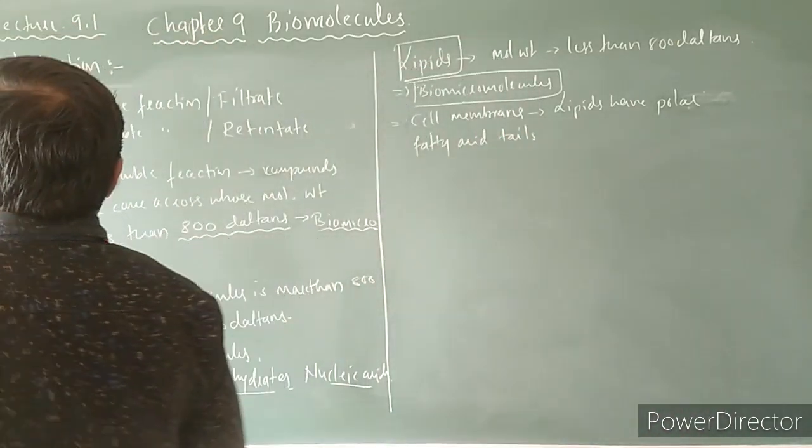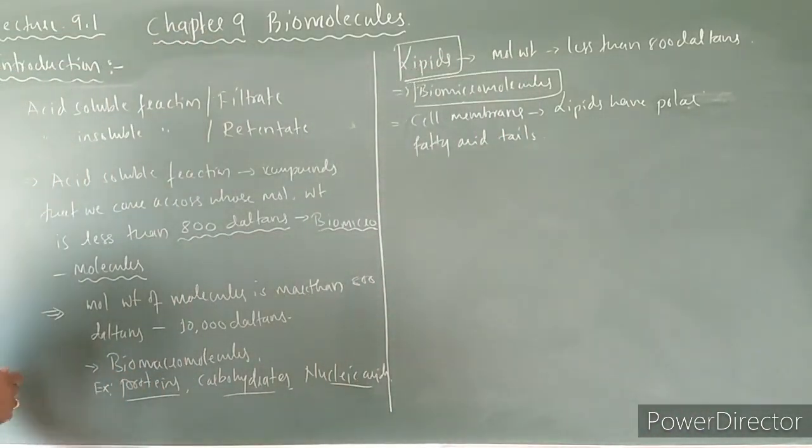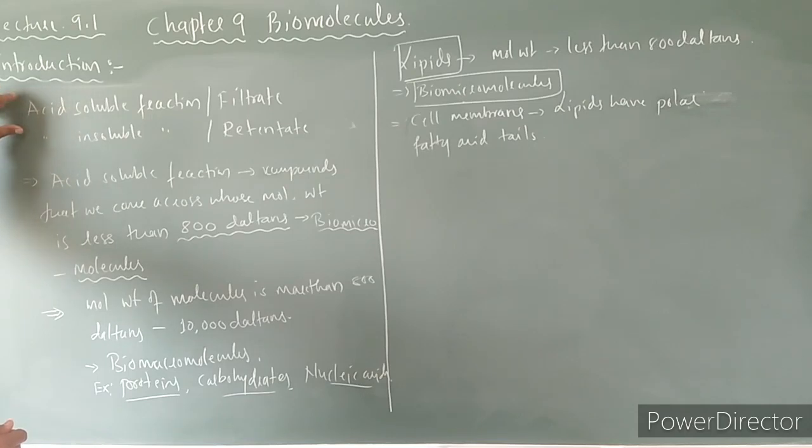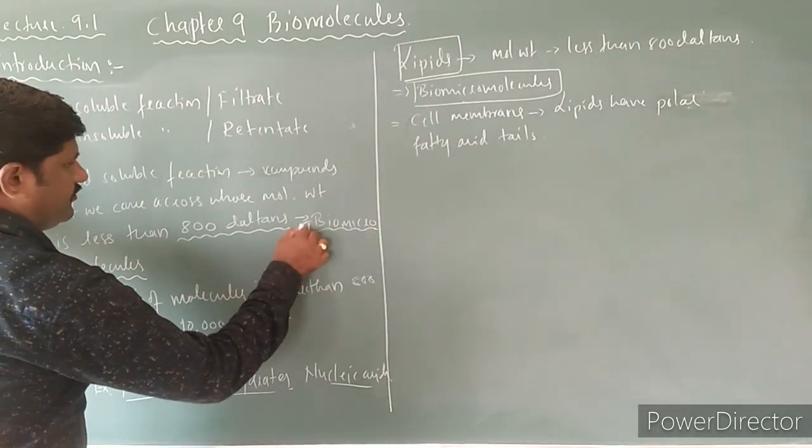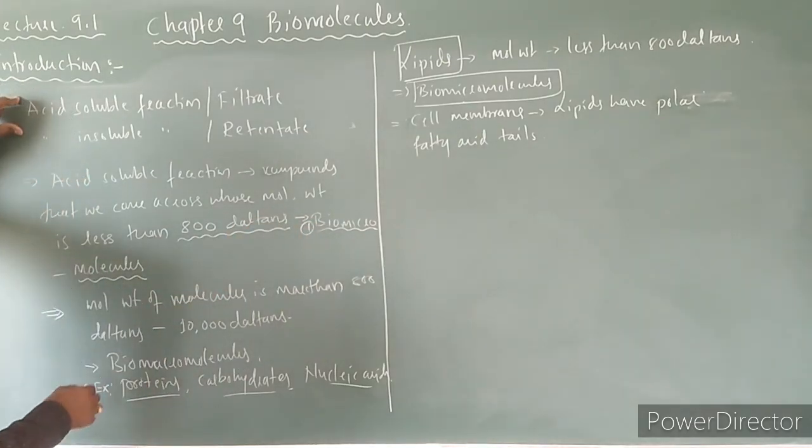So that's why biomolecules are basically classified into two types: one is biomicromolecules and the second one is biomacromolecules.